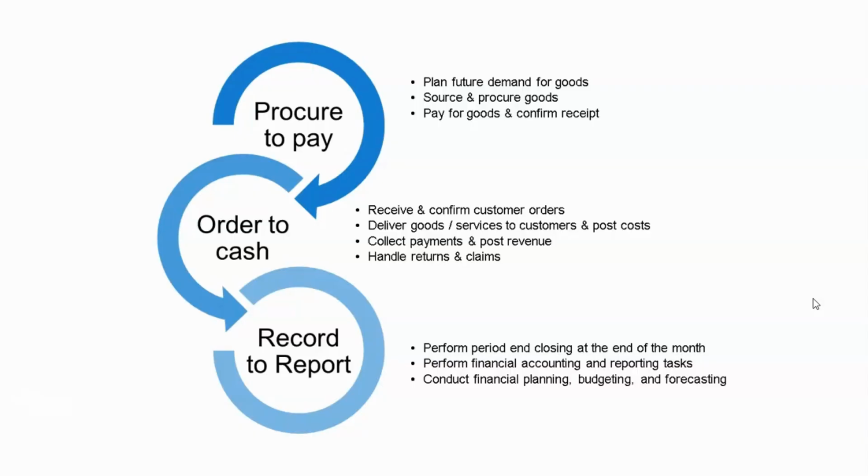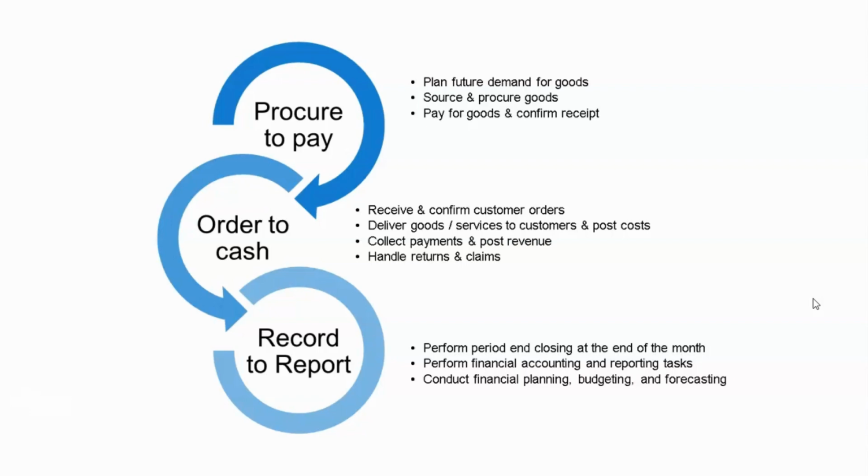Procure to pay is a part of the finance line of business. A business forecasts what they estimate they'll need to purchase for the upcoming quarters to determine how much budget to set aside.